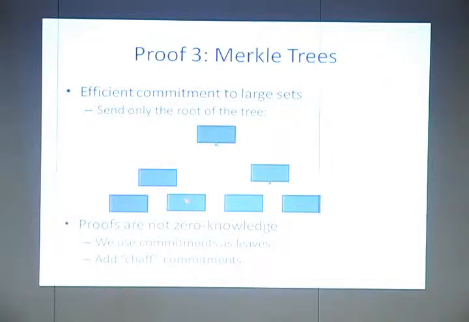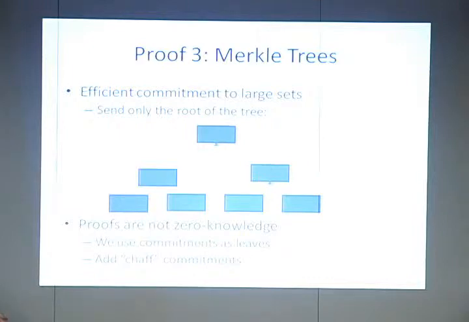I open this commitment and so on, up to the root. Because of the way commitments work, I can't prove anything about a leaf that I didn't put in the tree originally. So this makes our proof a lot more efficient, but it's not zero knowledge.